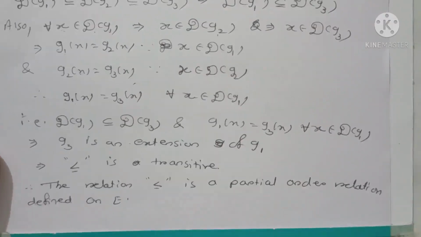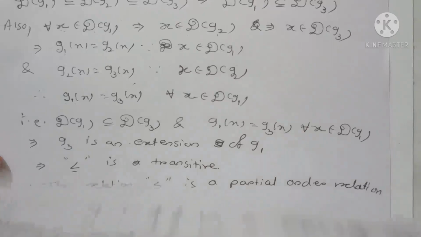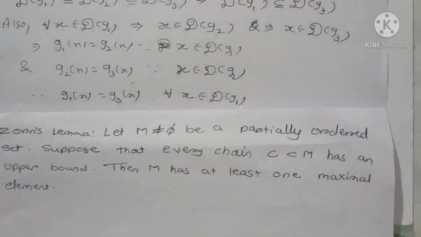On this partial order relation, we have to apply Zorn's lemma, and this is the statement of Zorn's lemma.